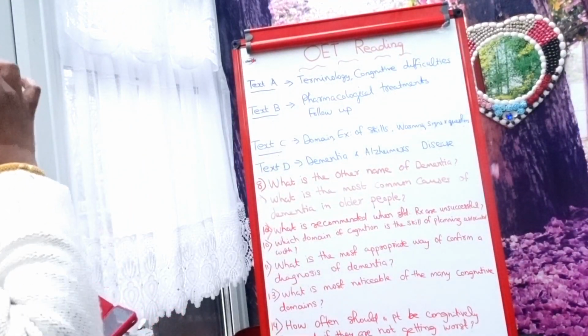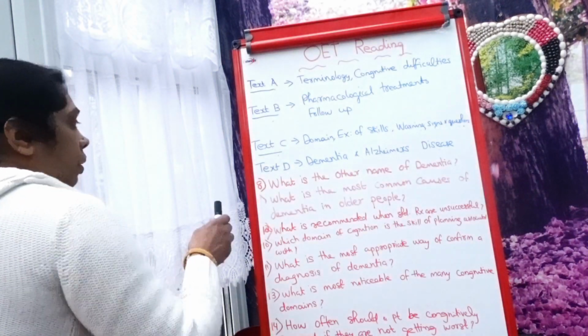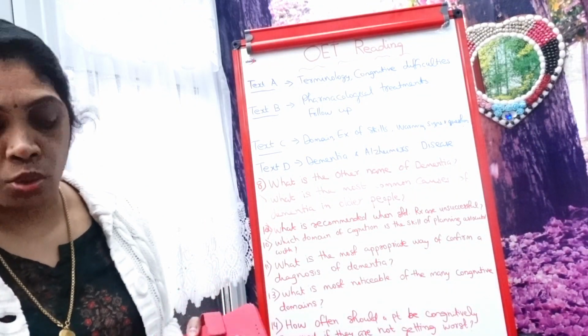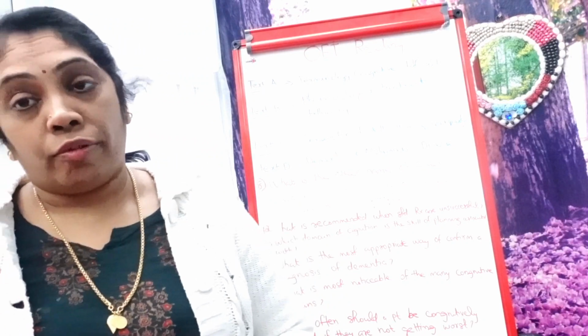I have left the text here itself because it's very easy to find the answers if you know the subtitles and titles. That's what I think. I said you will find out the paragraph titles after you attempt all the questions, and that will make it easier.